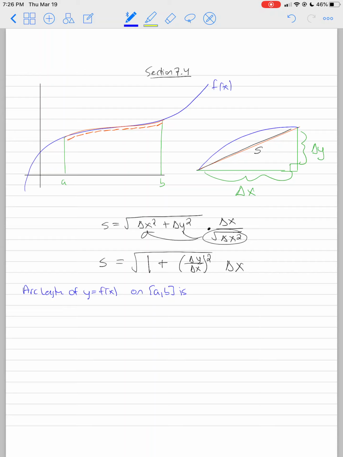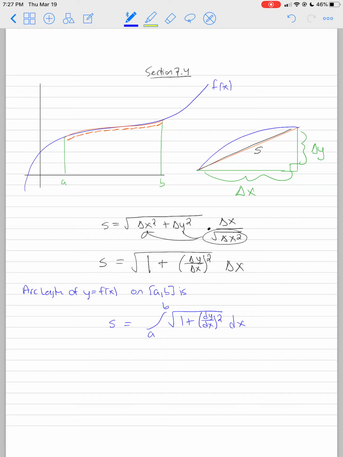Now I'm going to add them back up again and take a limit, which amounts to turning it into an integral. Now, when I take a limit, delta y and delta x become dy and dx. I'll refer you to our discussion from section 3.9. Delta x becomes dx. And what am I adding up from? From the point A to the point B. So, this is our formula for arc length.